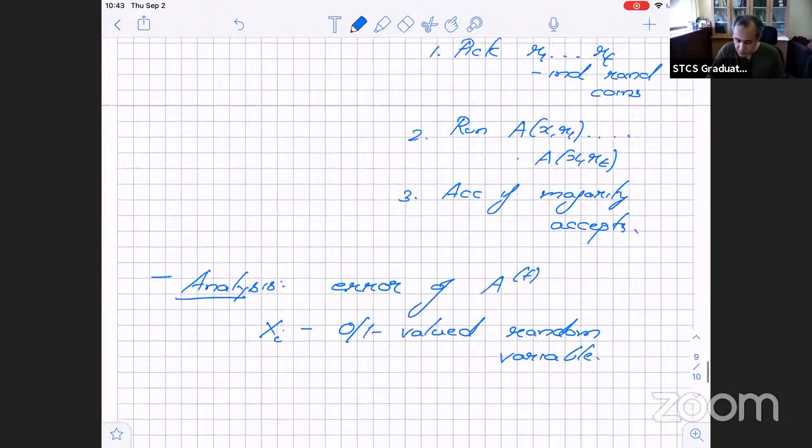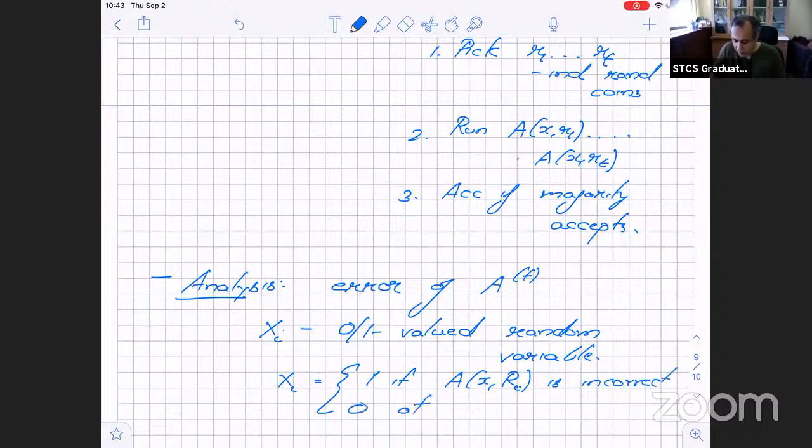And Xi is one if A of X Ri is incorrect and 0 otherwise.